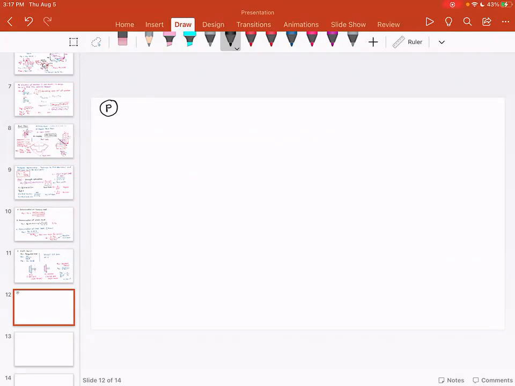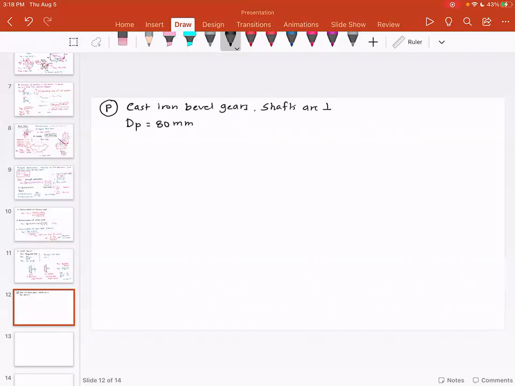So a pair of cast iron bevel gears. The shafts are at right angles. And in this case, the diameter of the pinion is given to us.